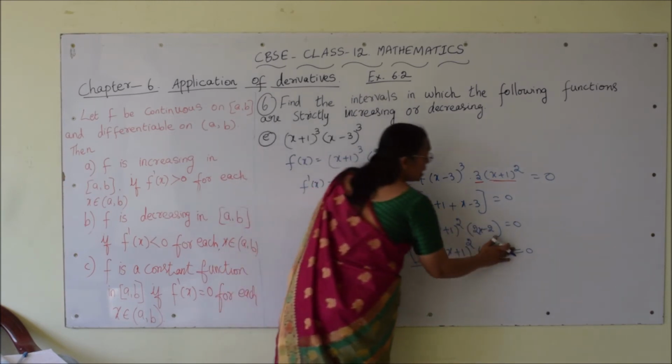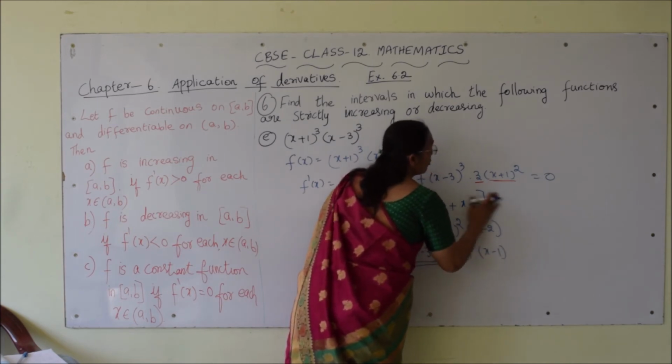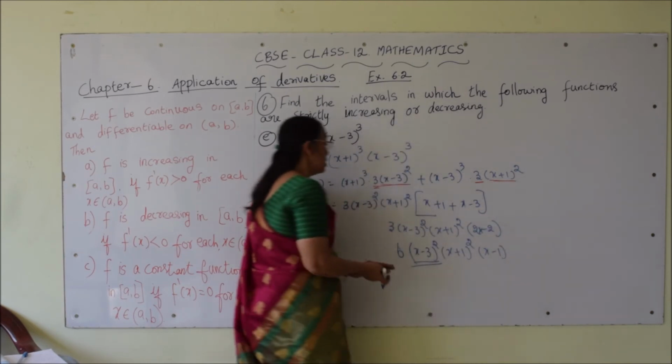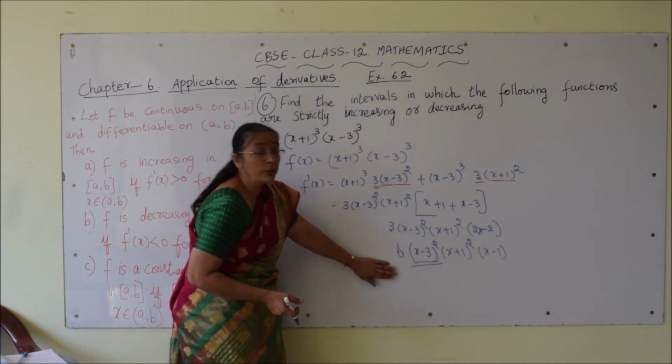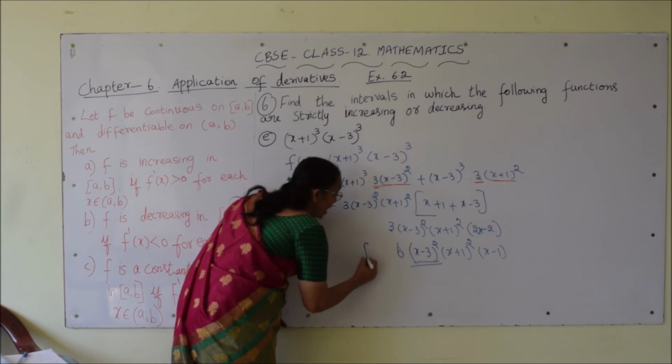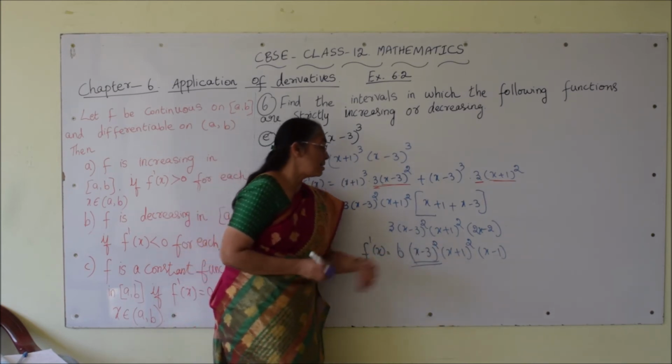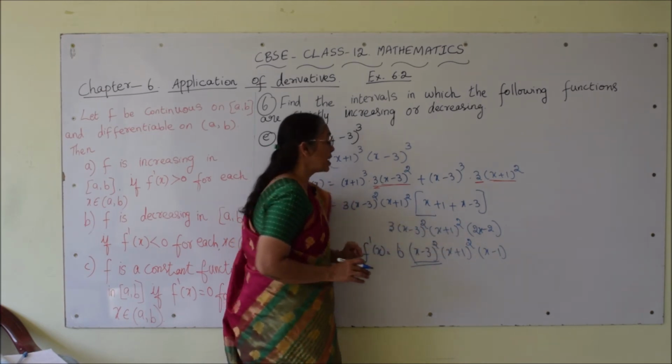From the beginning we did not need to equate to 0 for finding the intervals, because when we factorized, we found that at the end our f dash of x is nothing but 6 times (x minus 3) whole square into (x plus 1) whole square into (x minus 1).